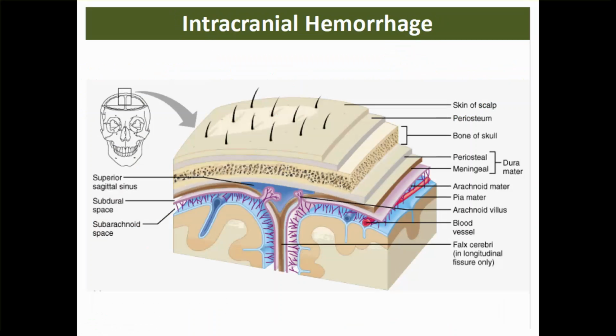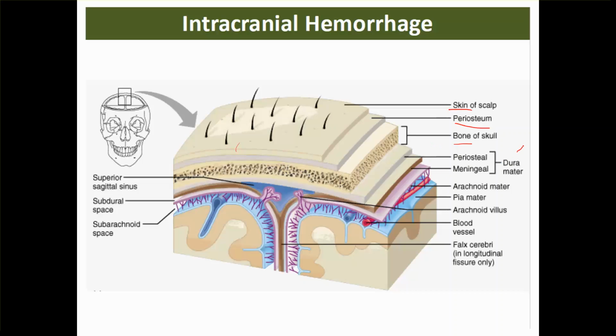Now coming to intracranial hemorrhage. Intracranial means within the cranium, so it's below the skull. And you know the different parts of what you have seen in the diagram. Here is the skin of the scalp, then covering the periosteum, and then you have the bone, which is called outer diploe and inner diploe, and then you have the three matters, that is the meninges.